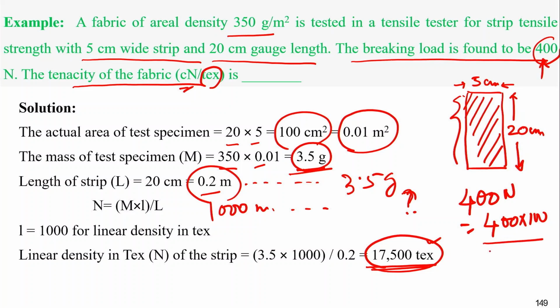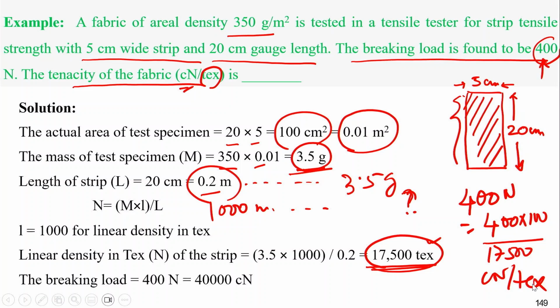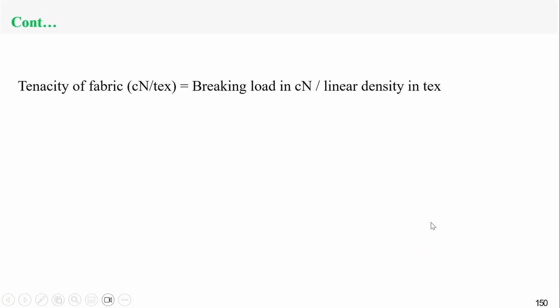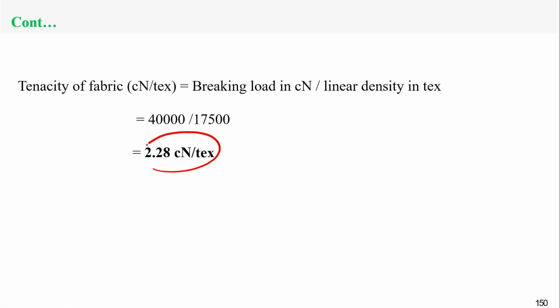So, 40,000 centinewton divided by tex, which is 17,500, we will get centinewton per tex. So, 40,000 divided by 17,500, the tenacity of the fabric will be 2.28 centinewton per tex. In this way we can calculate the tenacity.